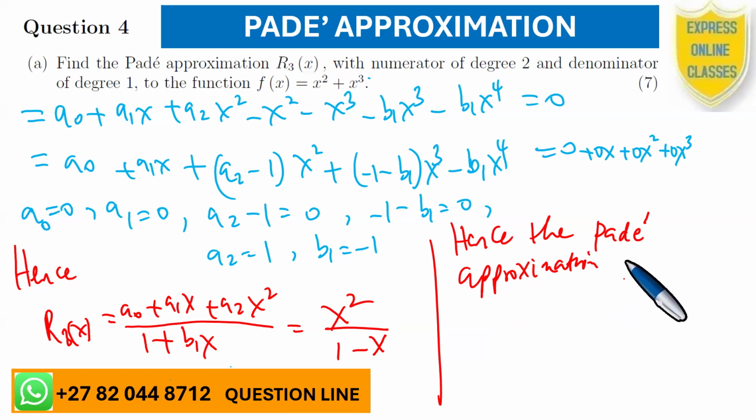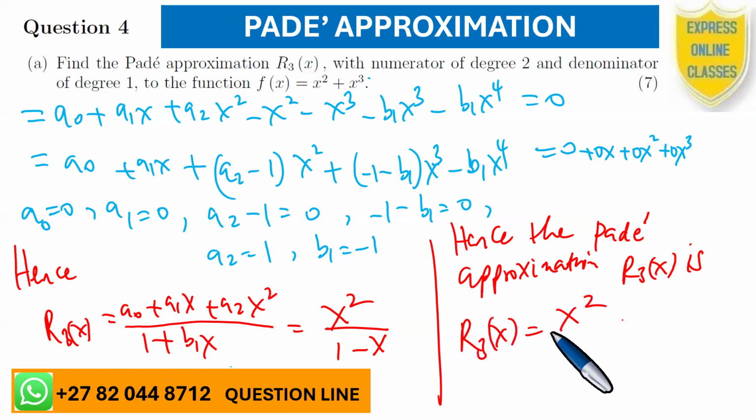The Padé approximation R3 of x is actually exactly x squared divided by 1 minus x. So that would become the Padé approximation for this particular system.